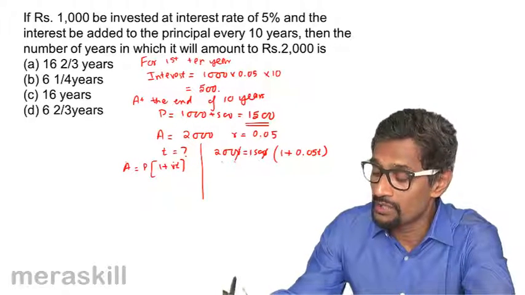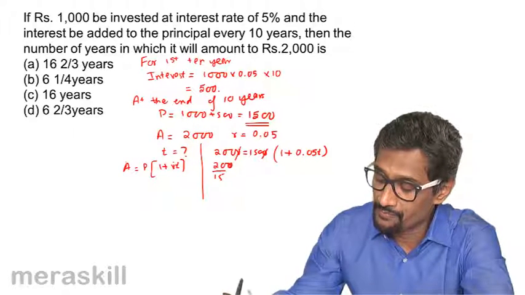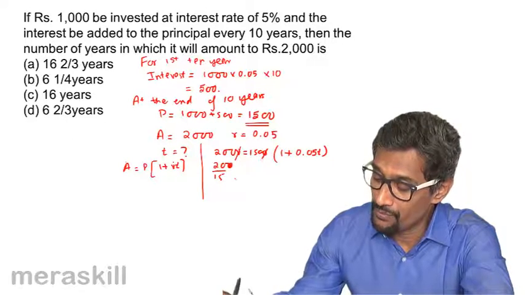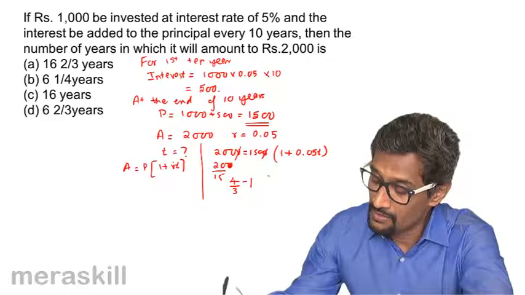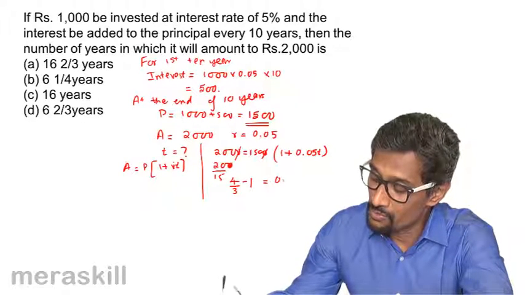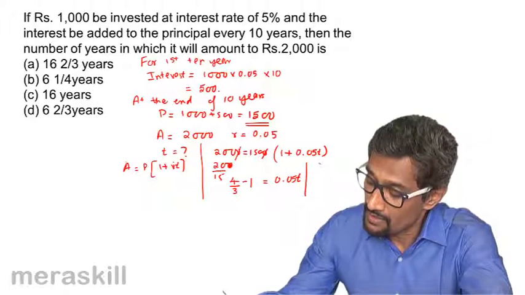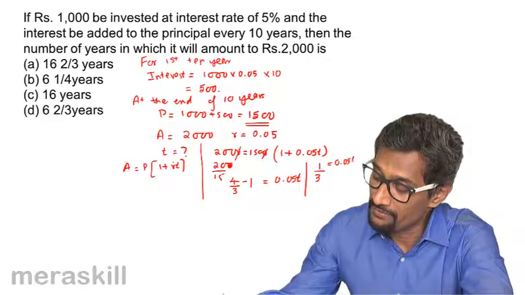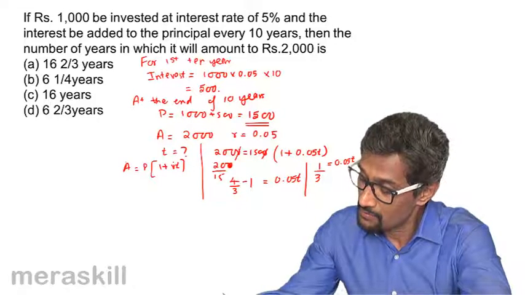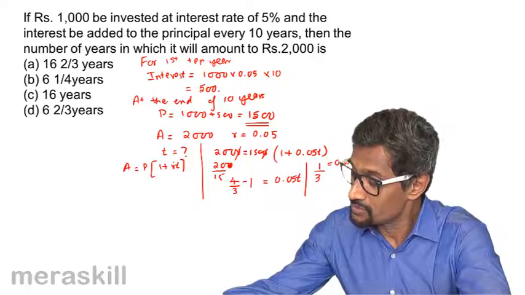This becomes 200 by 150 or 20 by 15, which is nothing but 4 by 3. So 4 by 3 minus 1 is equal to 0.05 T, which turns out to be 1 by 3, which is equal to 0.05 T.